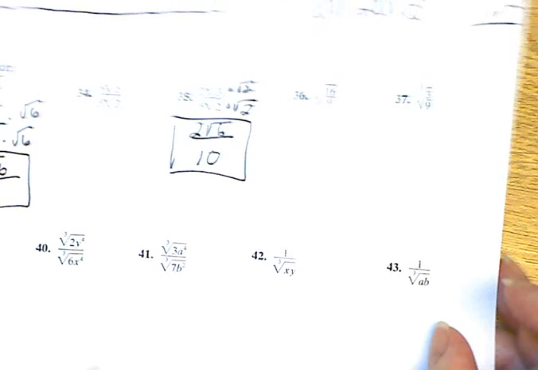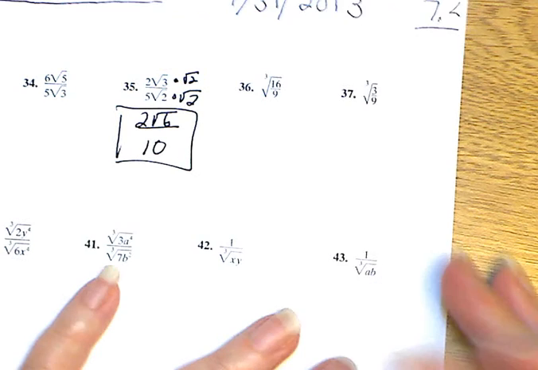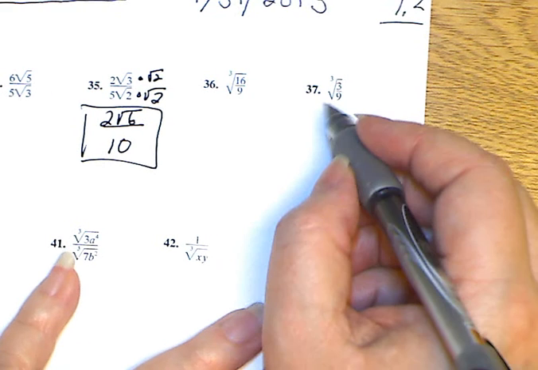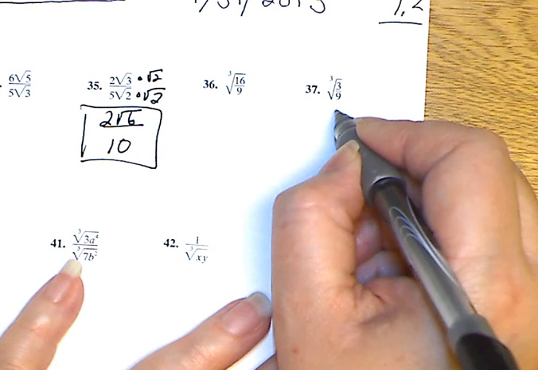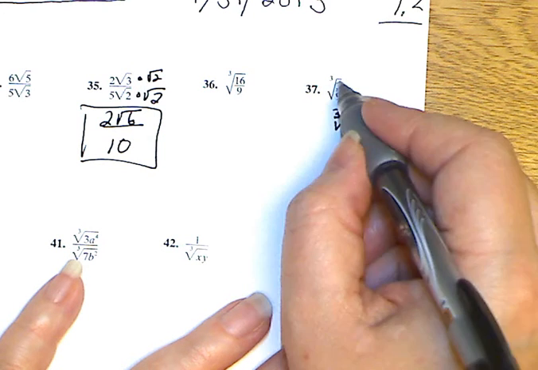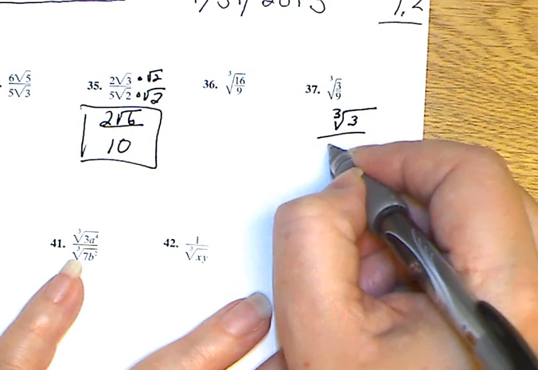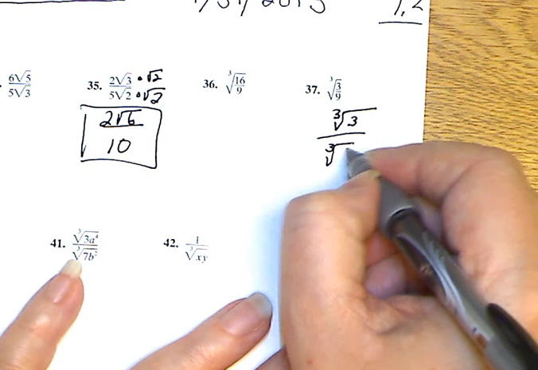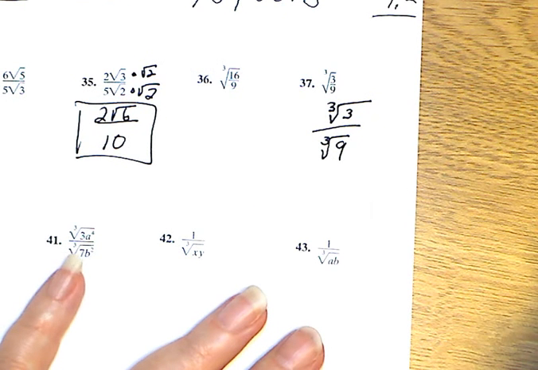All right. When we are looking at 37, you have the cube root of 3 over the cube root of 9. Emily, what do I have to do now?